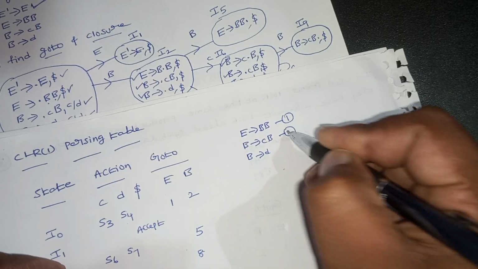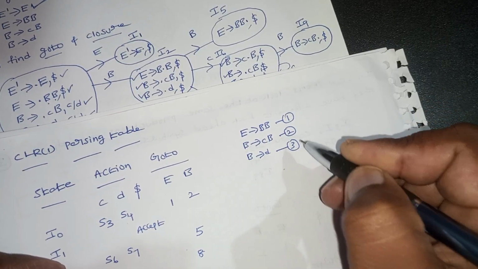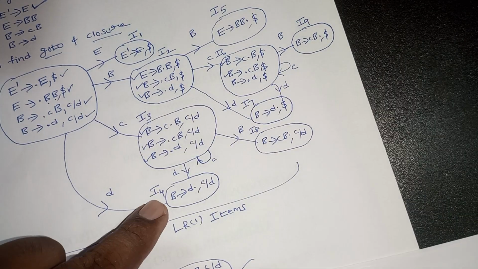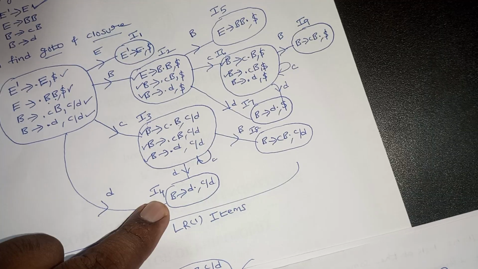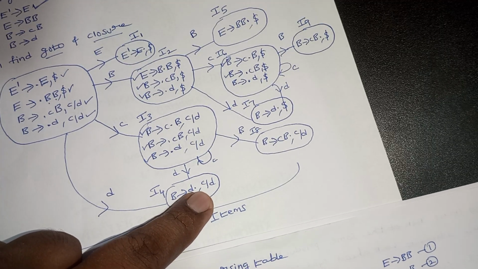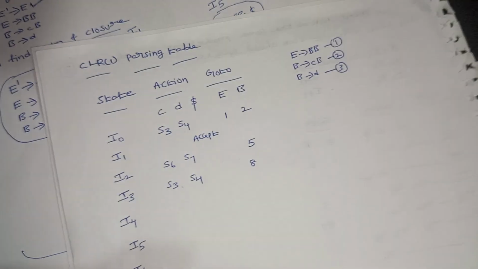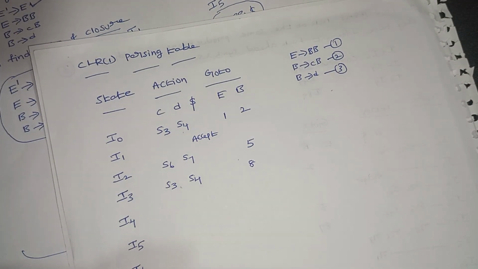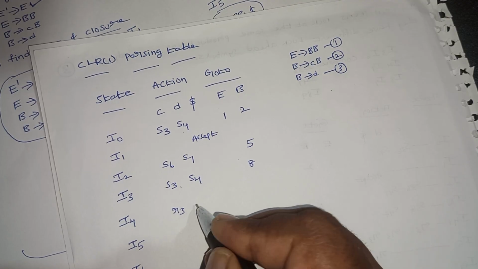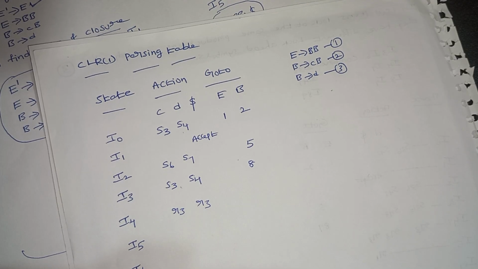Rules 1, 2, 3. So 3 means R3. Under state 4, that is R3, you have to add reduce moves only under c and d. Then you write R3, R3.